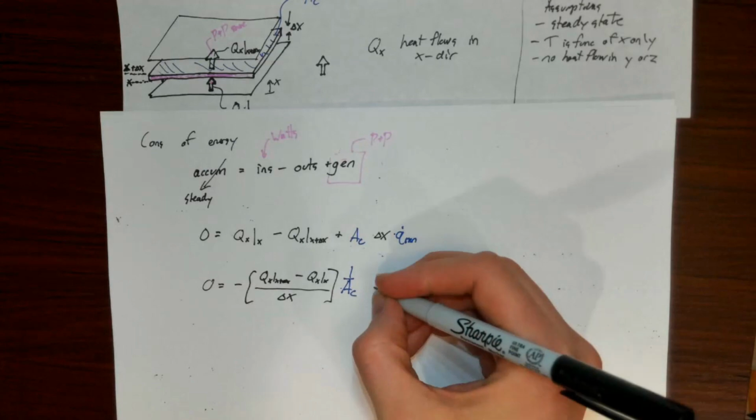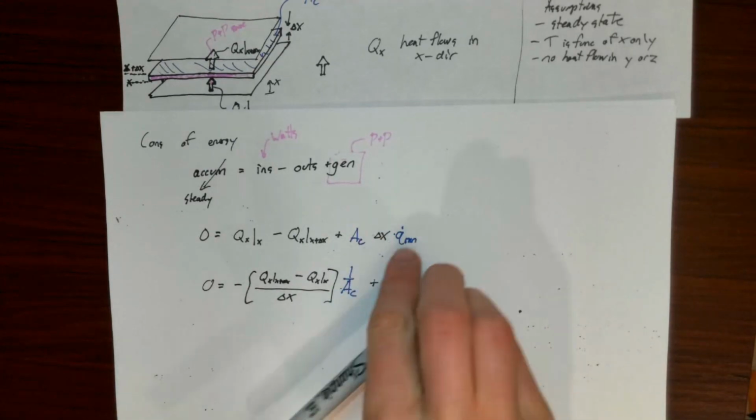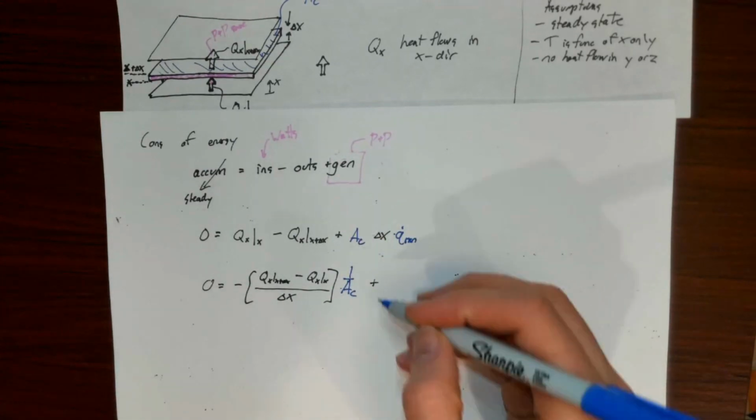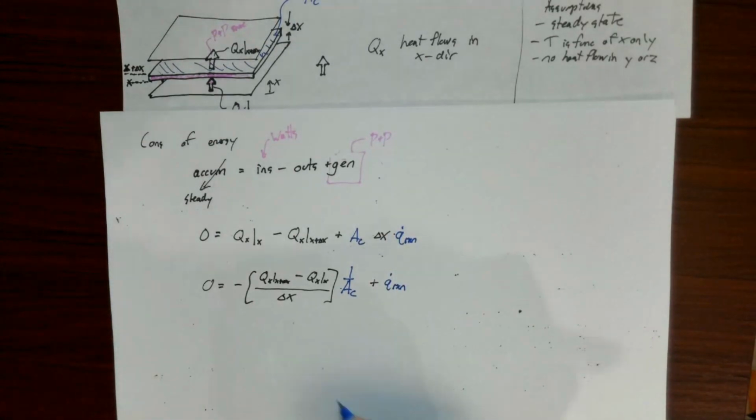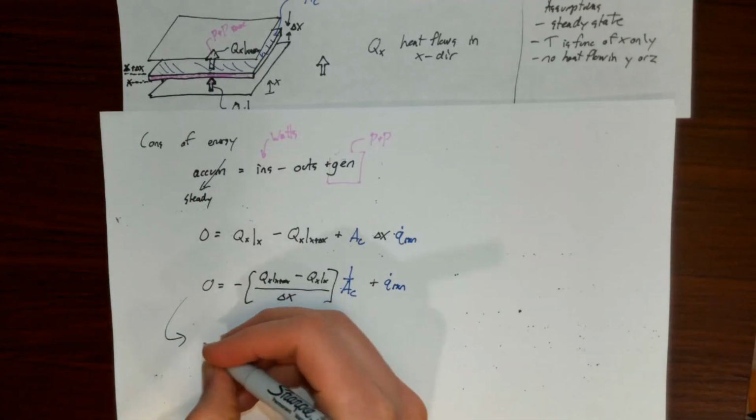And on the right, all I have left in this second term is Q dot of my reaction. All right, so then I have this thing right here. I can take limits.